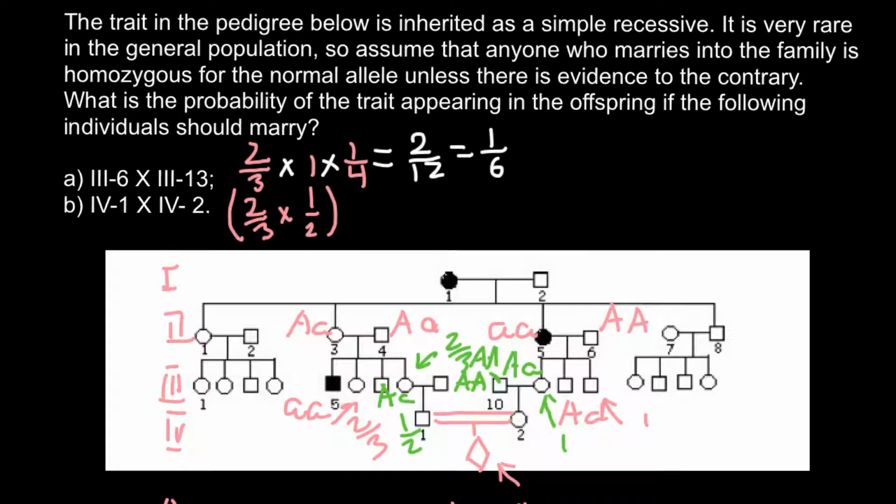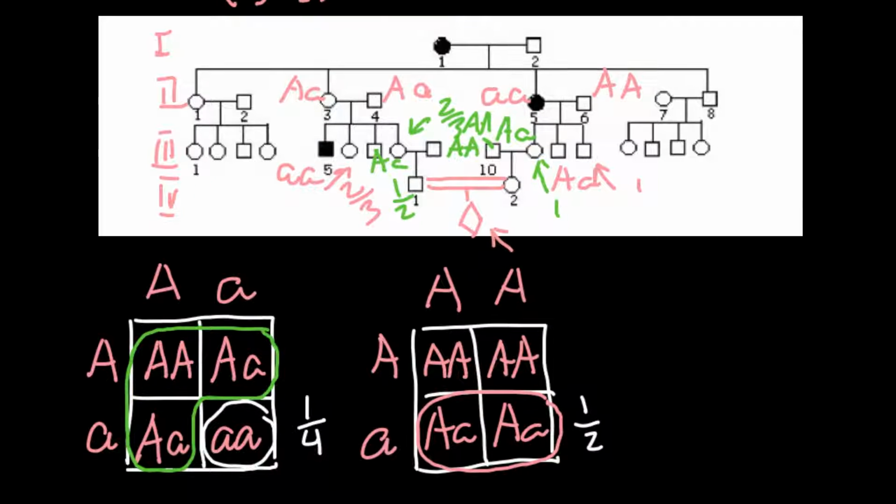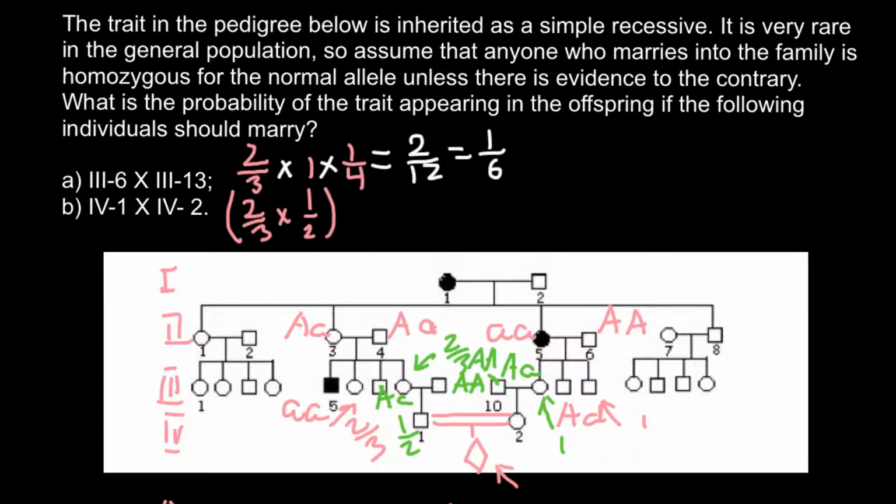And when we cross a homozygous dominant parent with a heterozygous parent, the probability for them to have a child who is going to be a carrier would be 1/2. So as you see, one parent is homozygous dominant, another parent is heterozygous, and the probability for them also to have a child who is a carrier is 1/2. So let's put this probability on our pedigree. So 1/2 here, and we can also add to our calculations here.